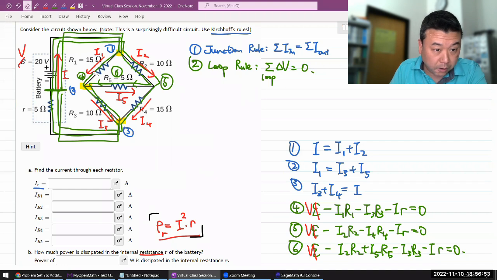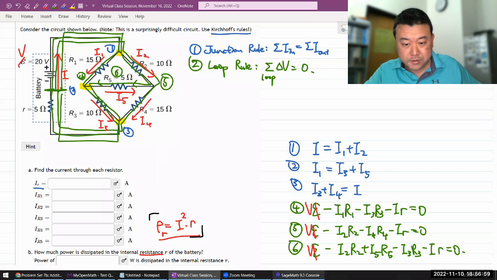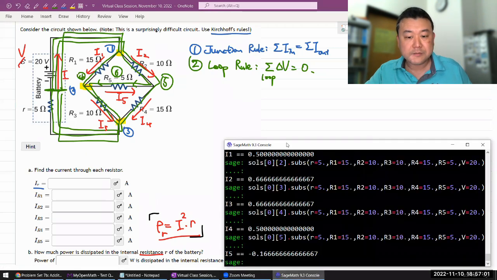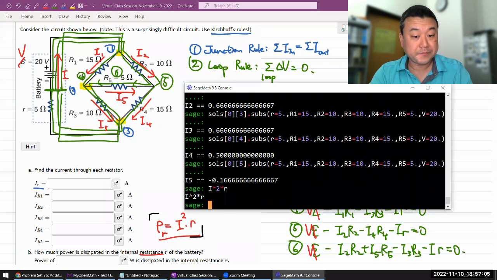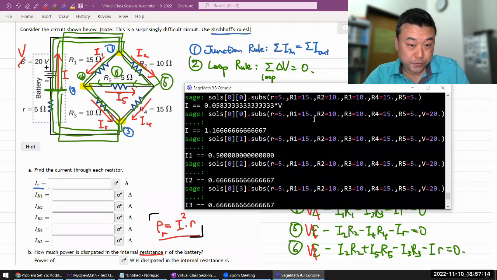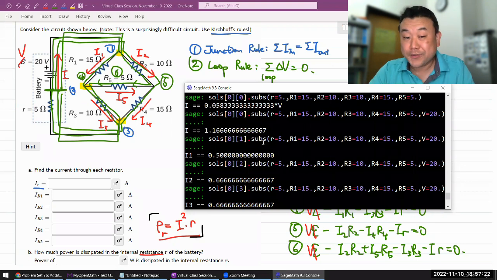So I can just do that. I already know the current through the resistance R. So I can just say I squared R. Oh, and this is how you can use SageMath. If I simply write out I squared times R, it just gives me a symbolic expression that doesn't tell me anything. You could copy and paste this, but you actually don't have to do that.